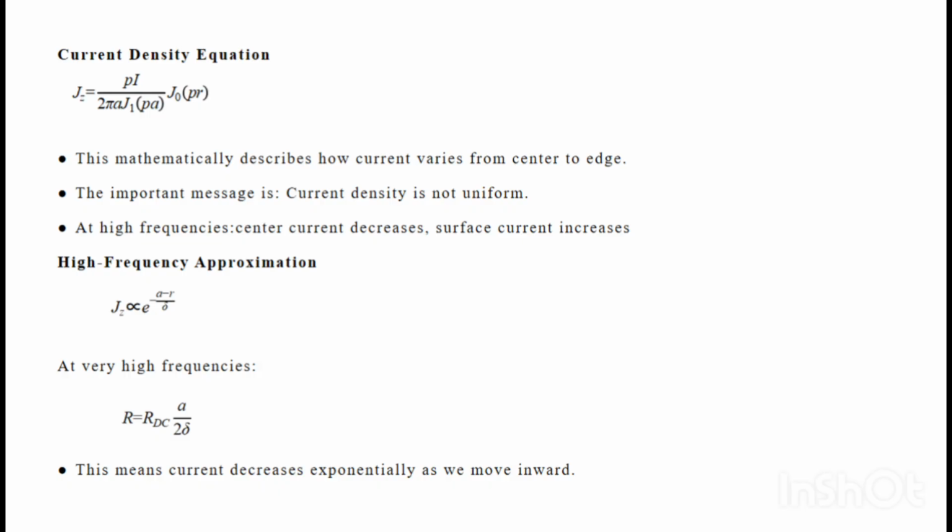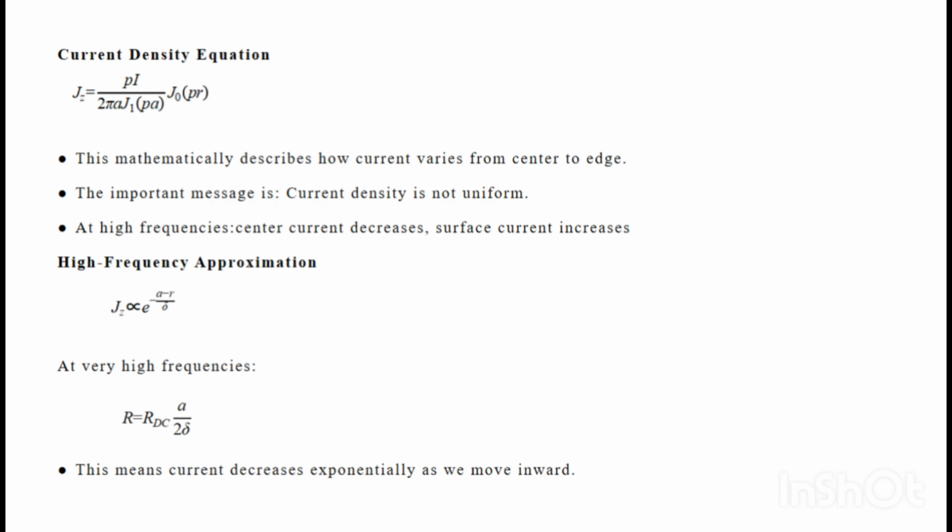If we are going with rectangular geometries, we deal with sine and cosine functions, right? Similarly, whenever we are dealing with a circular conductor, we generally go with the Bessel's function.